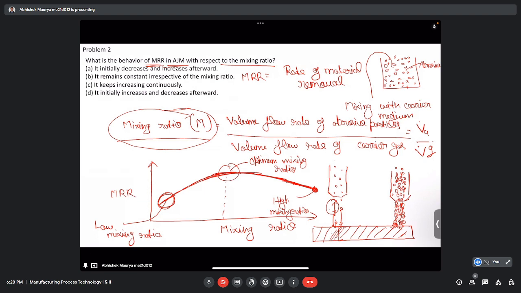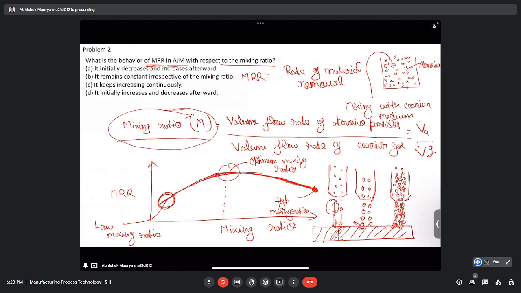Okay, so it will be better if we have some balanced condition. So in balanced conditions, what will happen? The first abrasive will come, hit the workpiece and remove some amount of material.